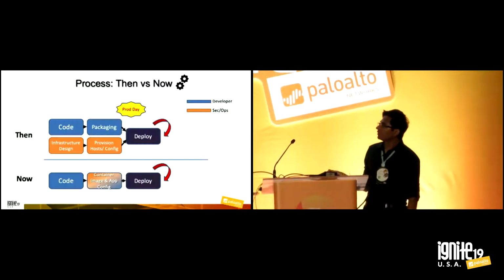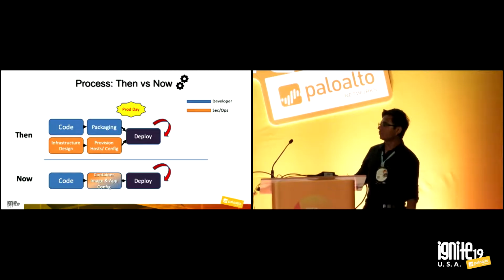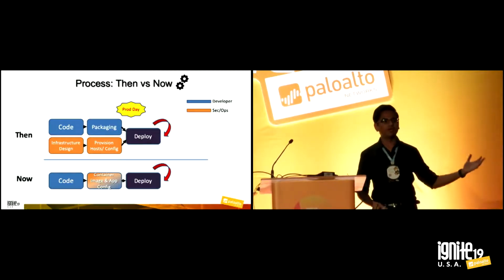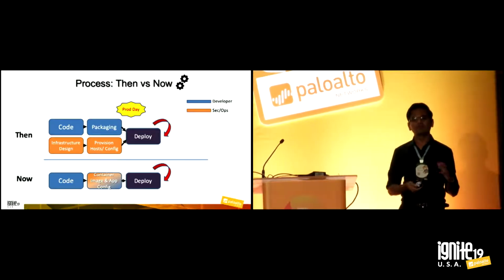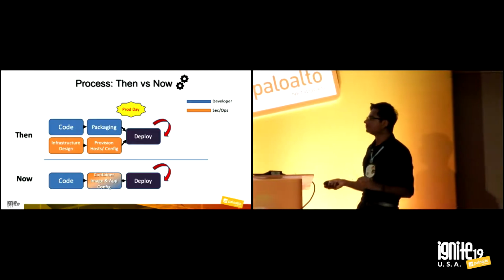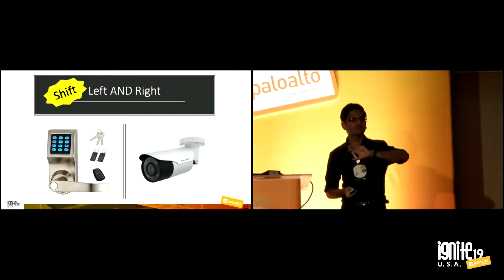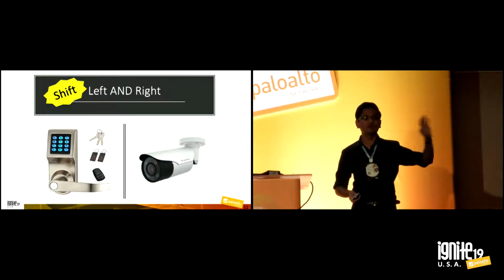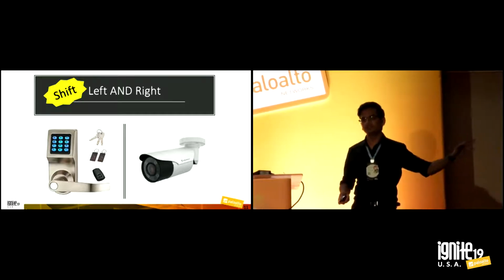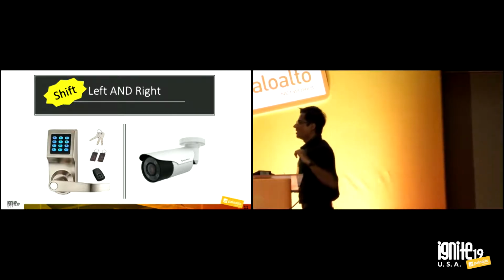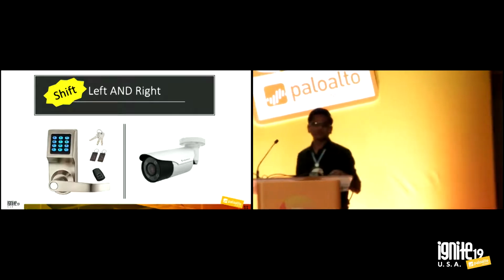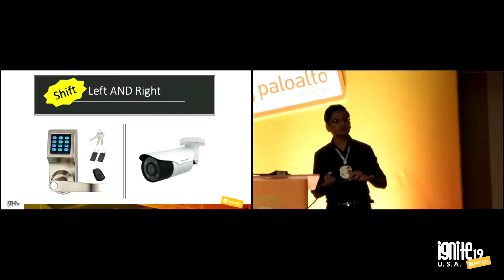So by the way, doing security-related things early in the pipeline, you might have heard the term called shift left. Shift left is finding things early in the development cycle, so it's much cheaper to fix things. The recommendation is not just shift left, but shift left and right.